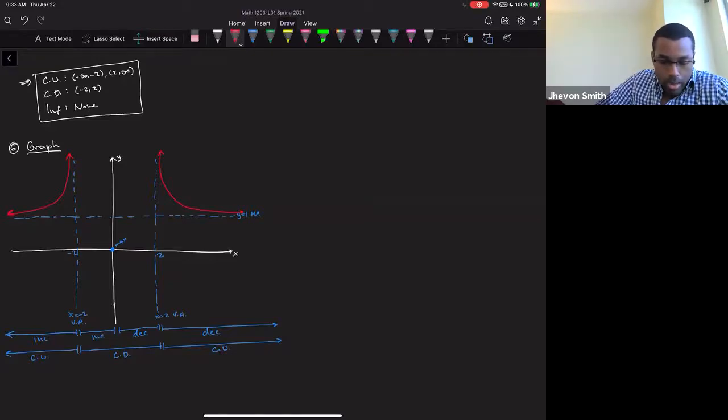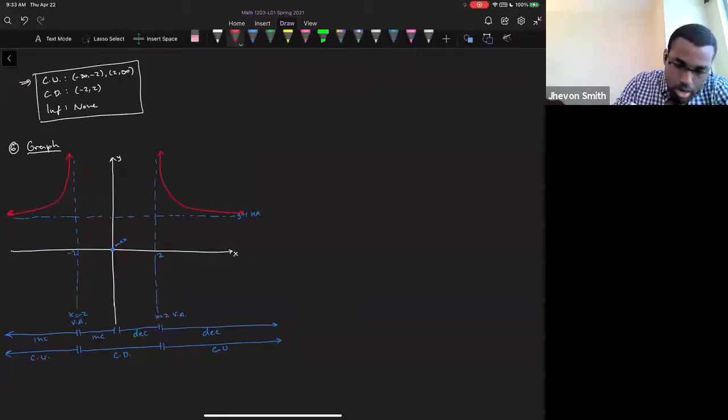Now, in the middle, notice that I'm increasing up here, decreasing right here. I hit a max at the origin. I am also concave down, shaped like a frowny face here. And I'm still concave down, shaped like a frowny face here. So that tells you the middle sort of looks like a parabola, but it's not a parabola because it's stuck between these vertical asymptotes, but it is going to look like a parabola when you graph it.